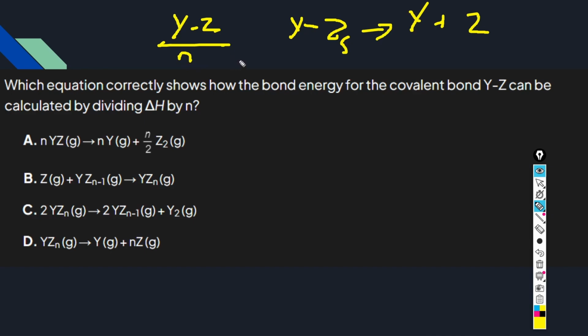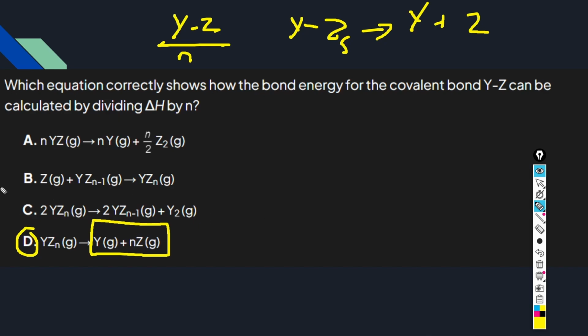So this will be represented by option D, because we want there to be no products formed. If a product forms, then it would be incorrect, because some energy would be released when making the bonds. So it cannot be that.